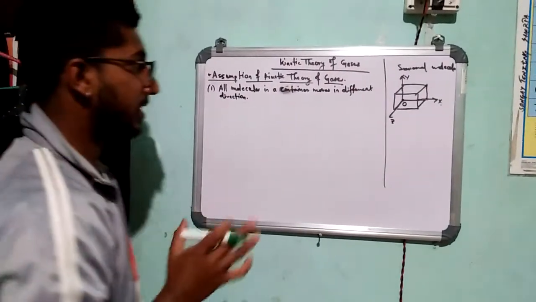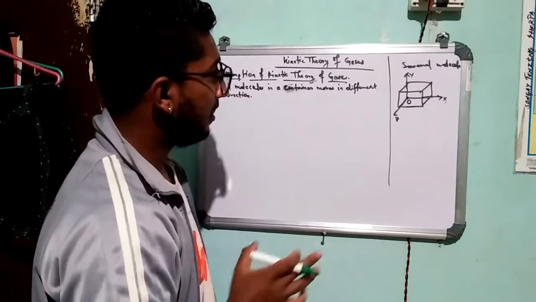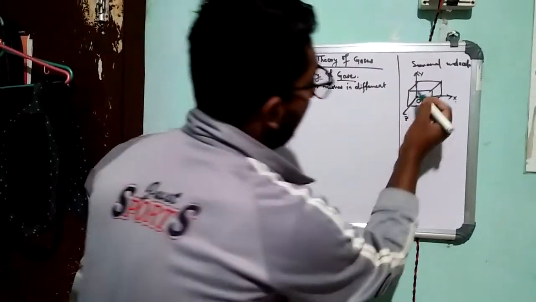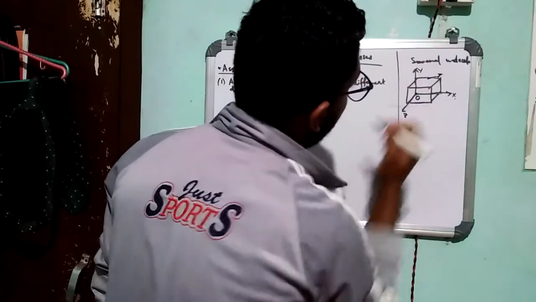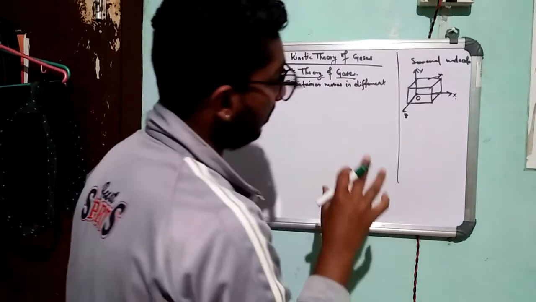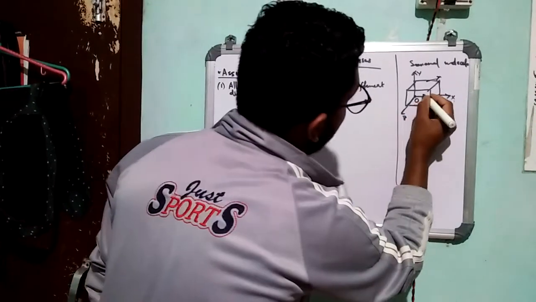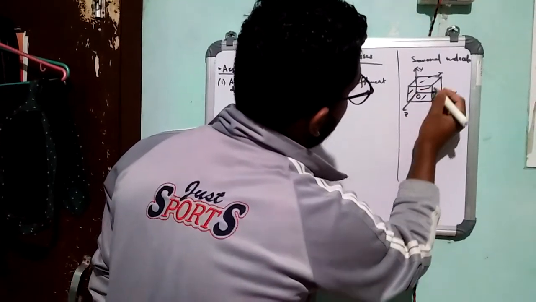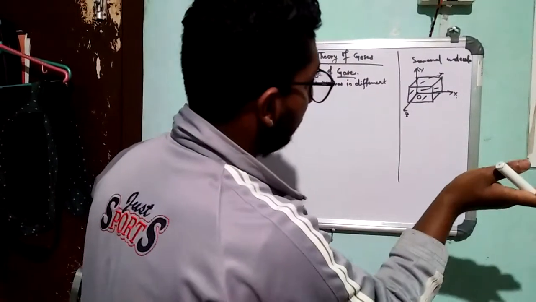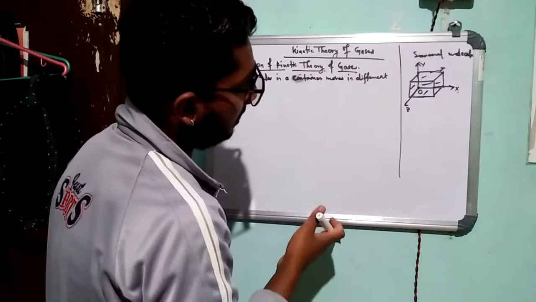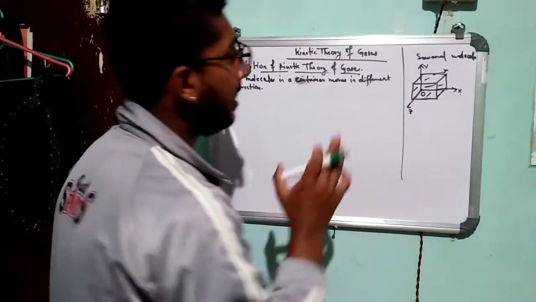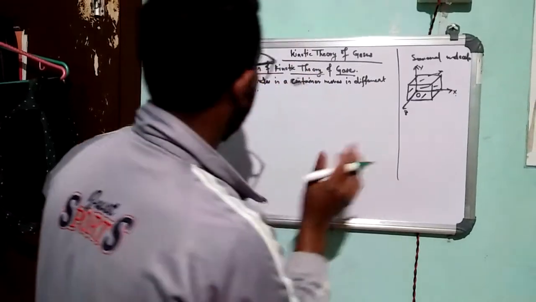This first assumption states that all molecules in a container move in different directions. It means that suppose a container is filled by a gas. Now the molecules of gas move in different directions. Some of them move along the x-axis, some of them move along the z-axis, and some of them move along the y-axis. So this is the first assumption.